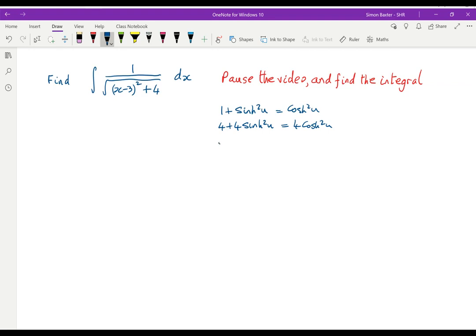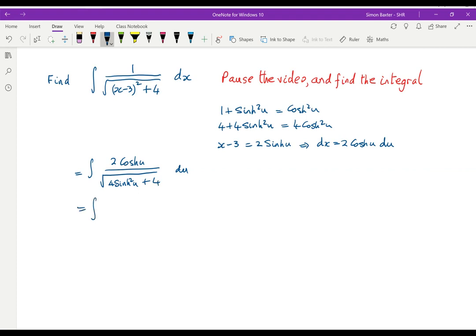So this suggests that we put x minus 3 equal to 2 sinh u. If I do that, under the square root sign, I'm going to have 4 sinh squared plus 4. Then dx is equal to 2 cosh u du. And so our integral is the integral of 2 cosh u du divided by the square root of 4 sinh squared u plus 4.